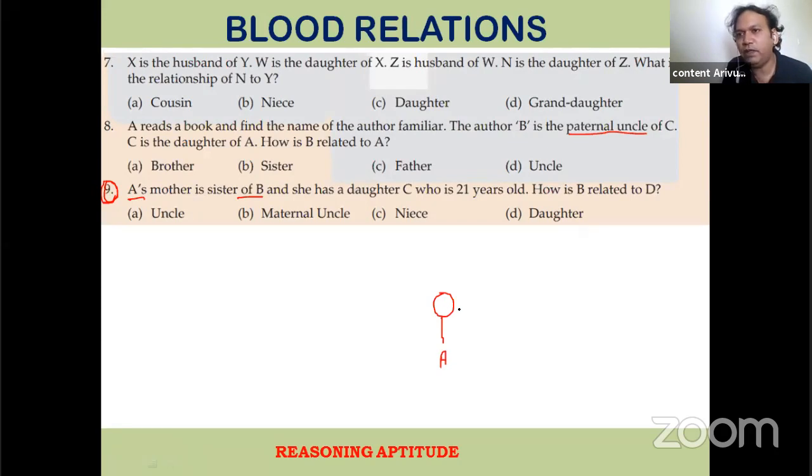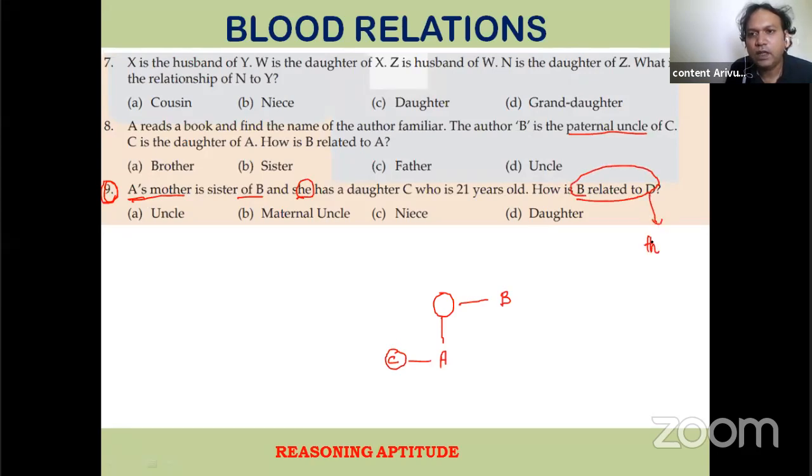A's mother is sister of B, and she has a daughter C. She refers to A's mother here, okay? So she has a daughter C, who is 21 years of age. How is B related to D? First of all, there is no D in the question. So question is wrong.